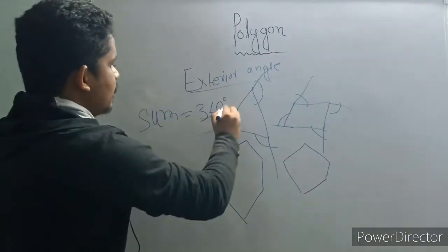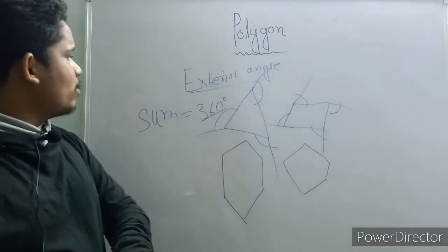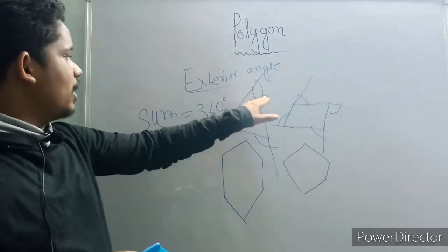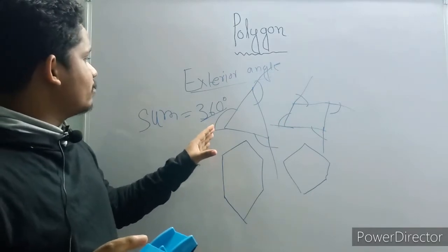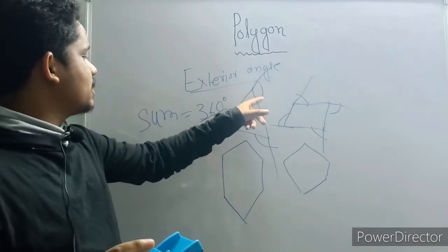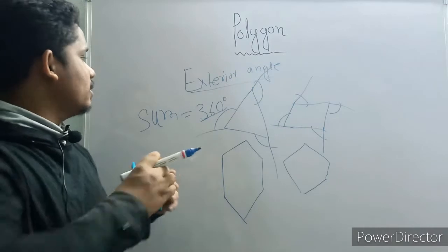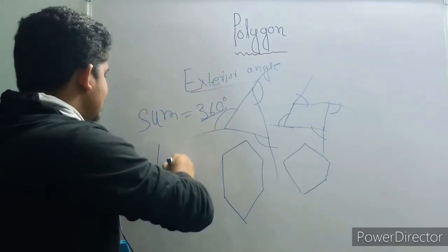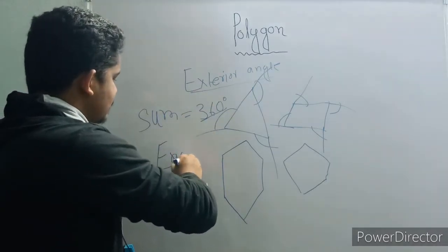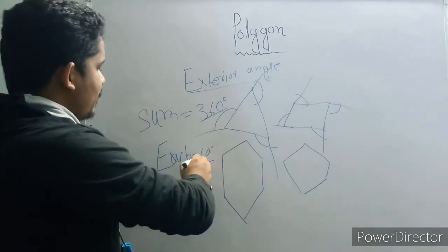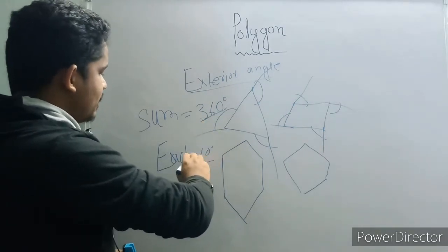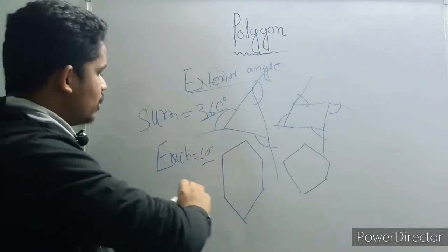Basically they ask this type of question: for a polygon, if each exterior angle is given as 60 degrees, then what will be the number of sides of the polygon?